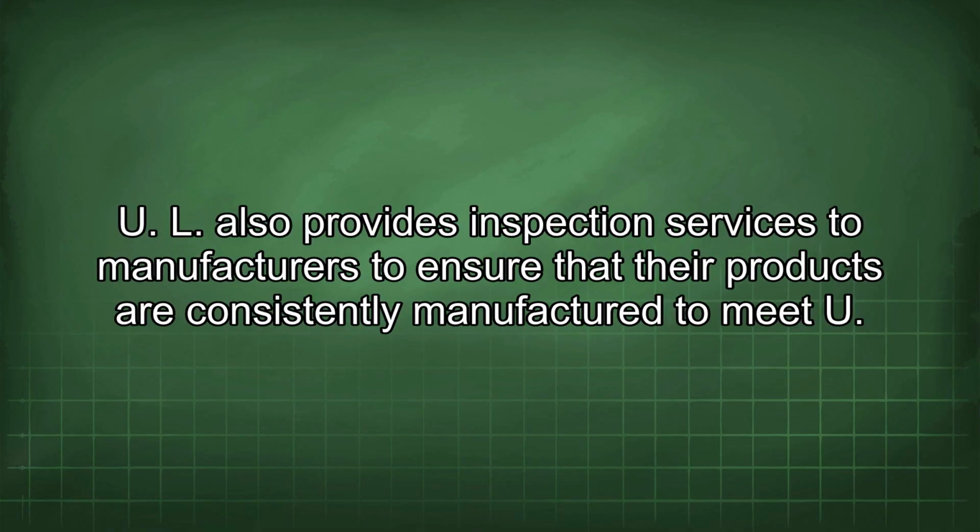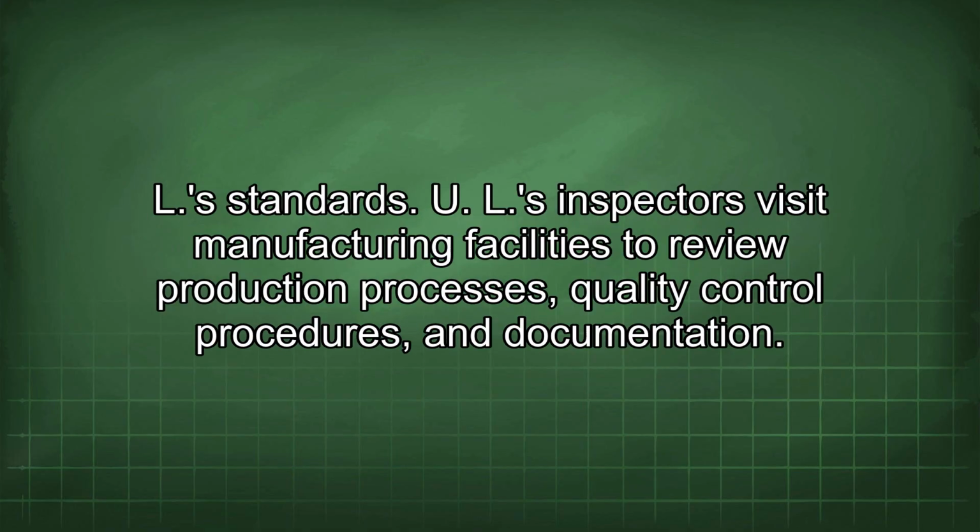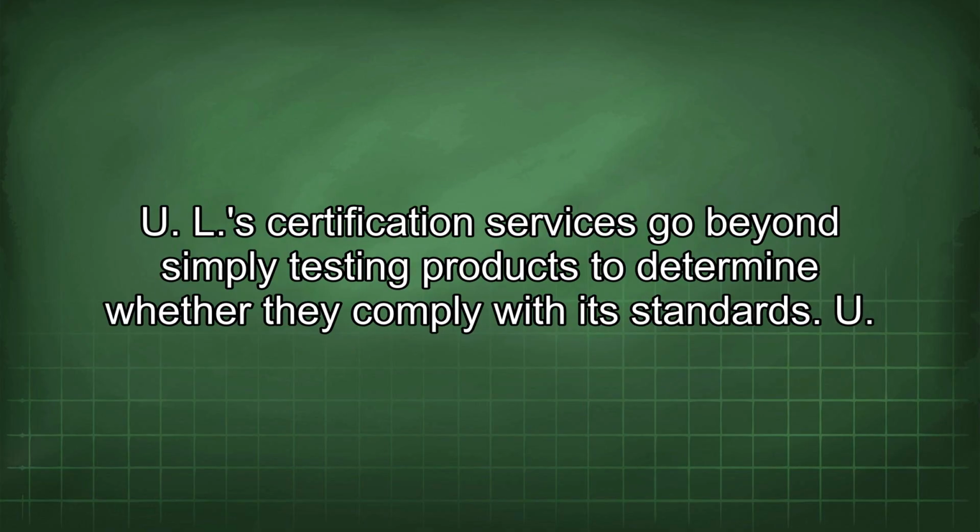UL also provides inspection services to manufacturers to ensure that their products are consistently manufactured to meet UL's standards. UL's inspectors visit manufacturing facilities to review production processes, quality control procedures, and documentation. UL's certification services go beyond simply testing products to determine whether they comply with its standards.